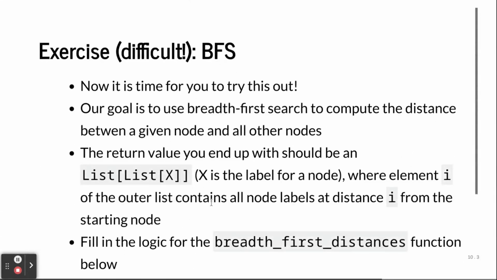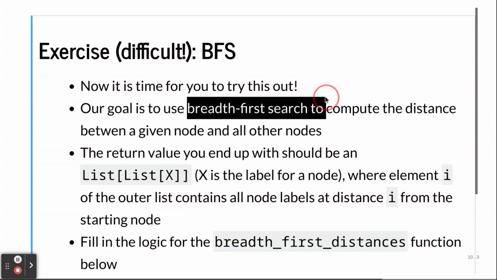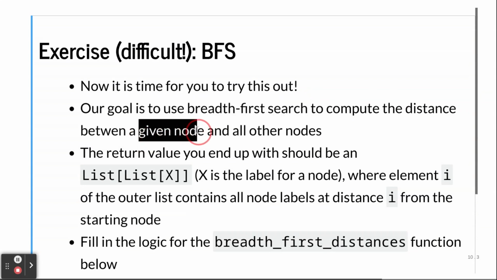Now we want you to work through an exercise. And we'll warn you, this one is a bit difficult. So you may want to pause the video for a little while, do your best to spend some time thinking it through. The goal for this exercise is for you to code up the breadth first search algorithm to compute the distance from any given node to all other nodes in the graph.